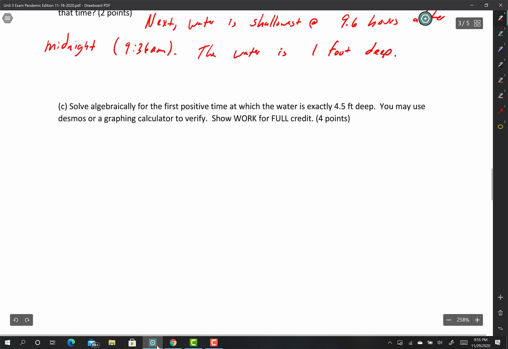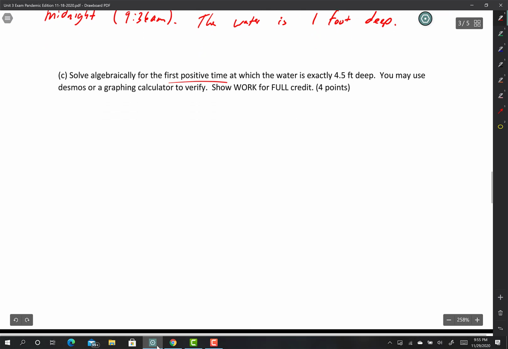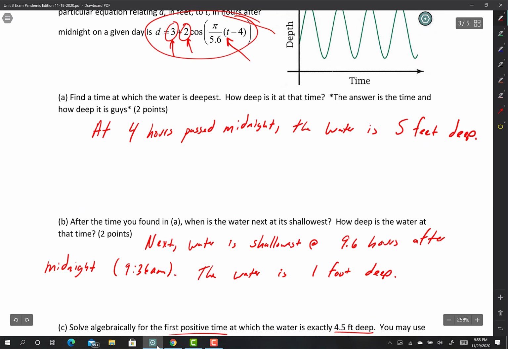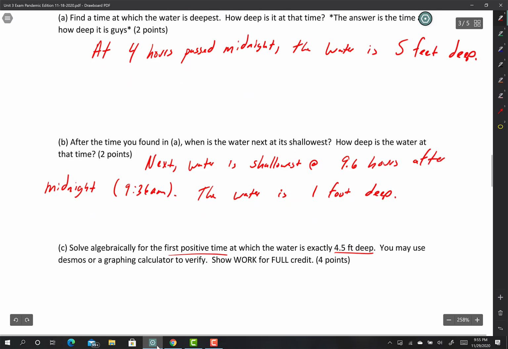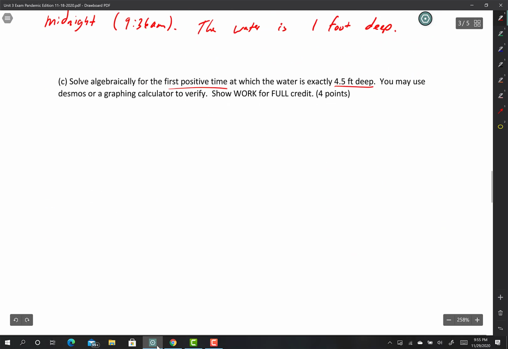Alright, now it says solve algebraically for the first positive time at which the water is exactly 4.5 feet deep. So I'm going to set this equation, this guy right here, equal to 4.5. And that's all I'm going to do. I'm just going to solve for that, guys. So I'm going to write 3 plus 2 cosine of pi over 5.6, open parenthesis, t minus 4, close, equals 4.5.